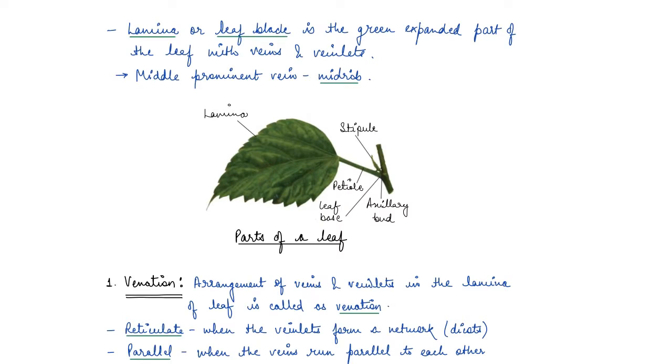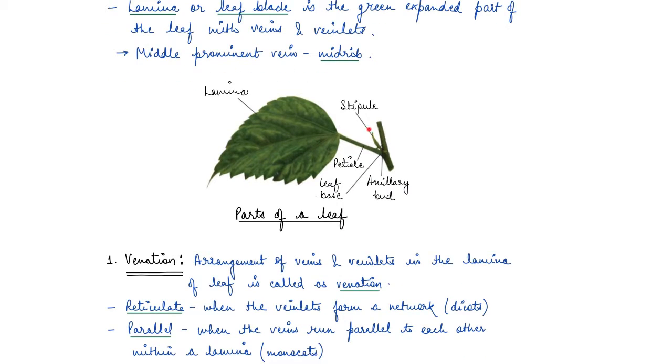So if we see the parts of a leaf here in the diagram, the first part is the stipule, right? So you have a leaf base, and from there arises the petiole. This petiole helps in cooling of the leaf and it brings fresh air on the lamina.